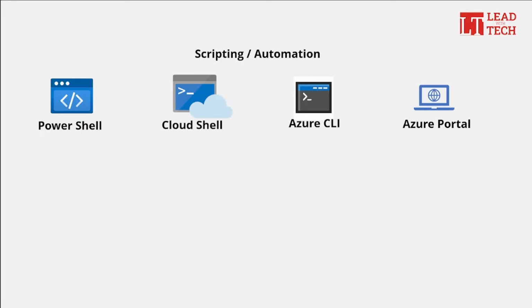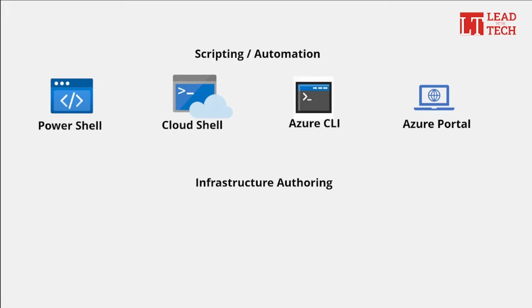Then Cloud Shell is the cloud version of Azure, wherein you can use the browser to run the commands and create the infrastructure. Azure CLI is a command line interface specifically built for Azure infrastructure automation and management. With the Azure Portal, as I said, you will be able to go and manually create these Azure resources.